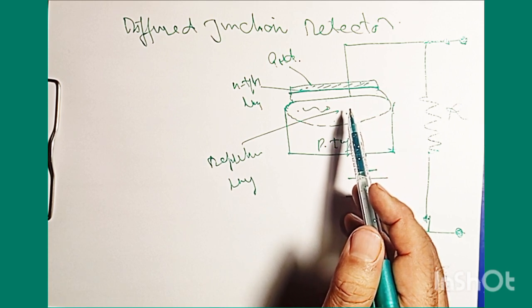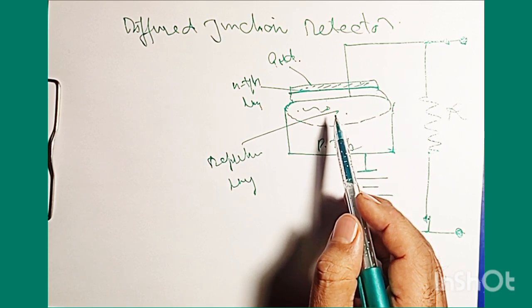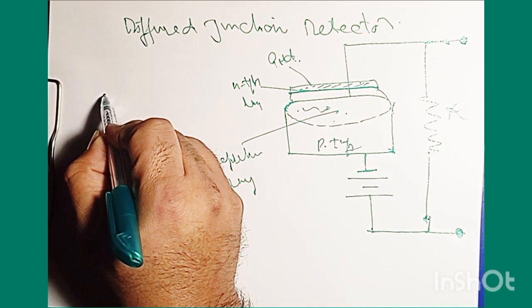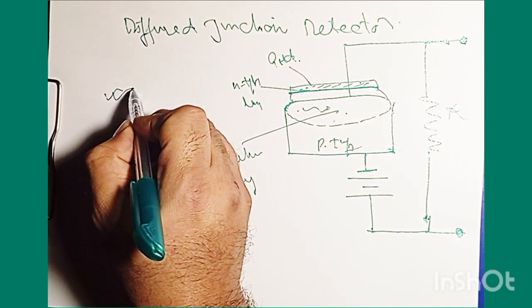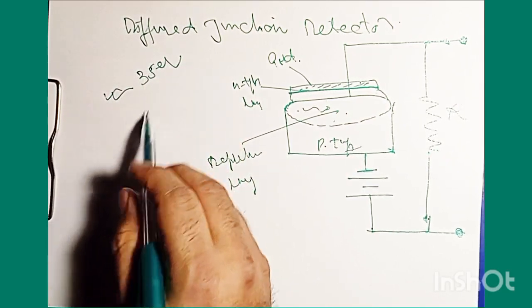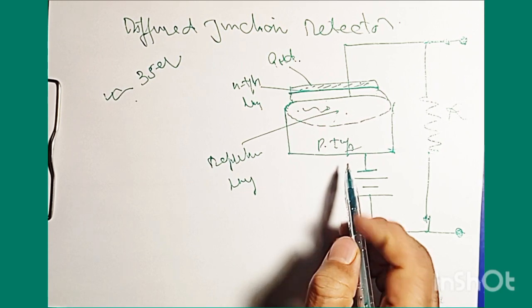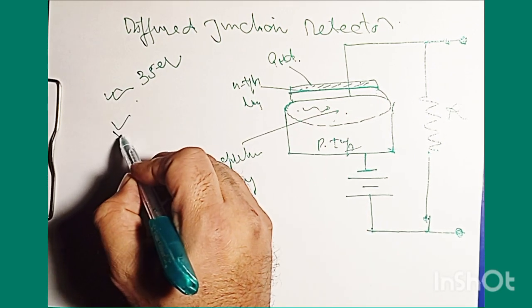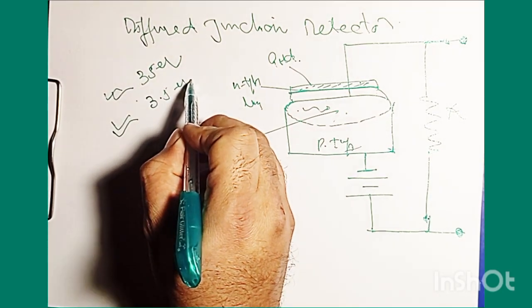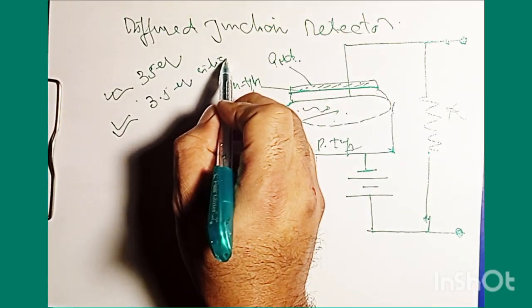The energy expended per ion pair in a gas is nearly 35 electron volts, and if we compare it with semiconductor detectors, the energy utilized is of the order of 3.5 electron volts in the case of silicon.